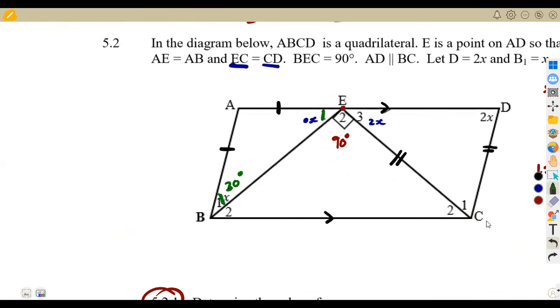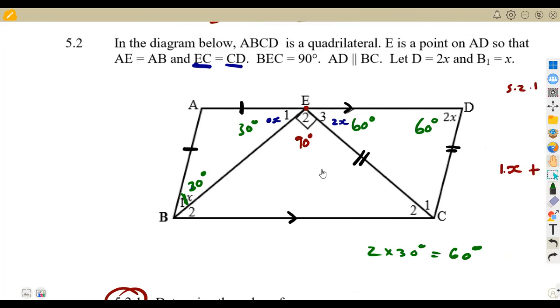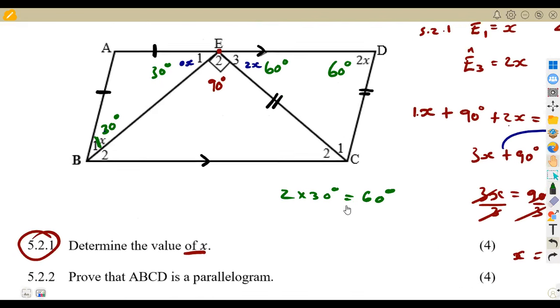Here also we said E1 is equal to x, so this will be 30 degrees. 2x means 2 times x, so it's 2 times 30 degrees, which is 60 degrees. So this will be 60 and this will be 60 degrees, okay? And that's it. You can just substitute that one.